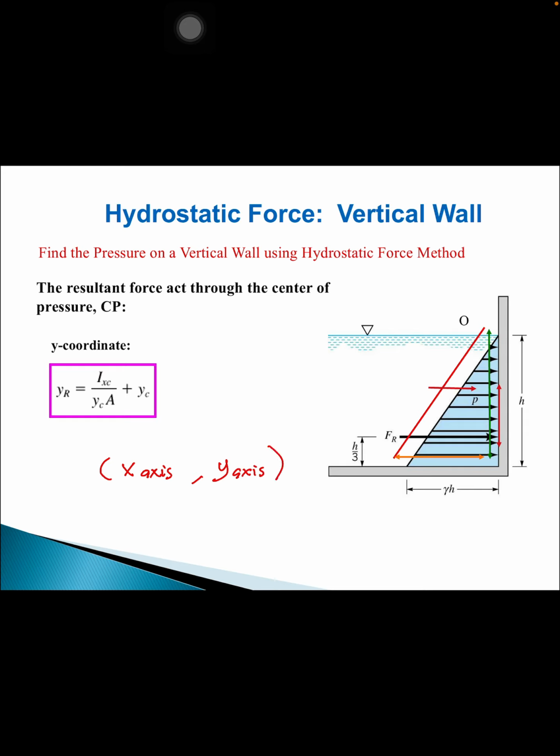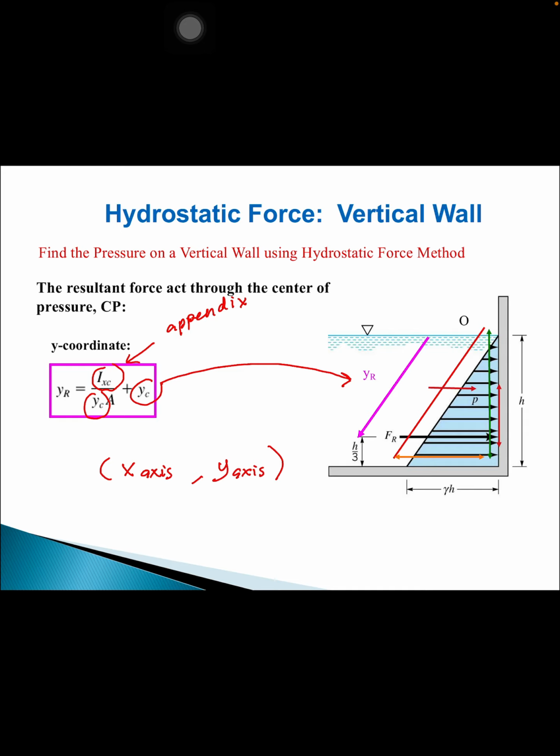So from here you can calculate the Y axis. This is your YR. With this equation we obtain the value for YR, and this IXC is from the table or appendix I showed you just now. And this YC you have to calculate.